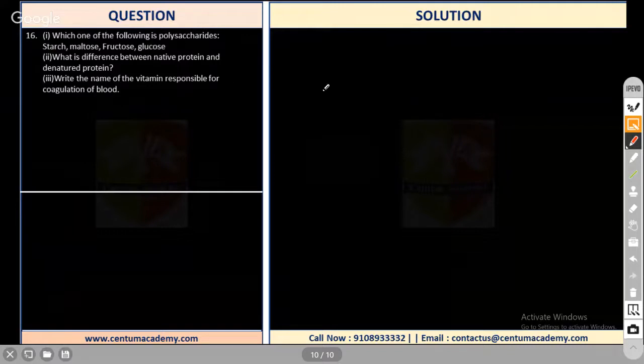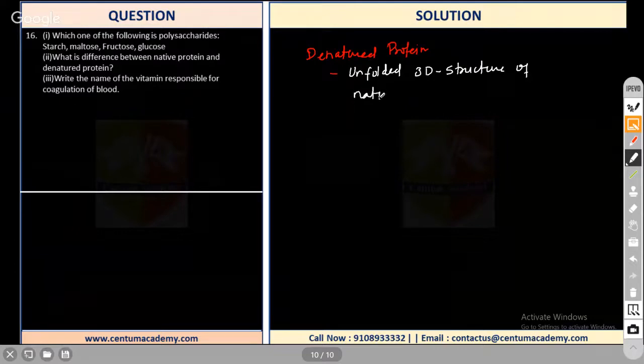I'll just write down here, denatured protein, 2 or 3 points. It has an unfolded three-dimensional structure of native protein.